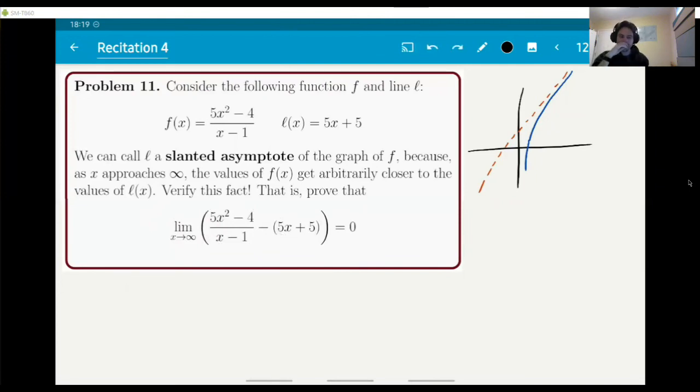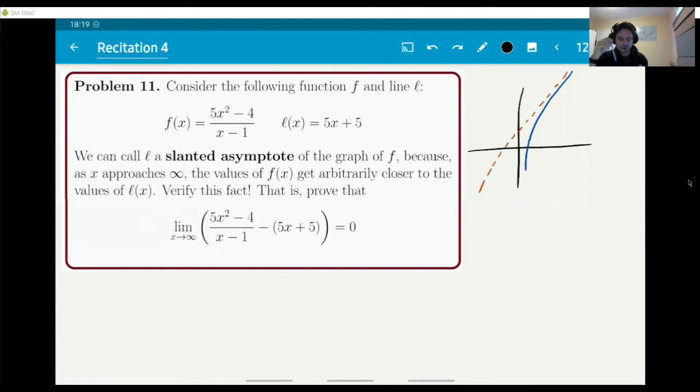They're getting closer and closer. This is what it means to have a slanted asymptote. It's a limit at infinity, but it's not that the limit is equal to a value. It's rather that the limit of the function minus a line is 0. That's the notion of slanted asymptote.